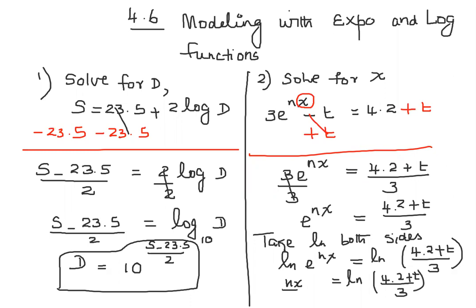So I have to get rid of the n, so I have to divide both sides by n. So we get x equals 1 over n ln of 4.23, and it's given in our handout as well. You can check that.